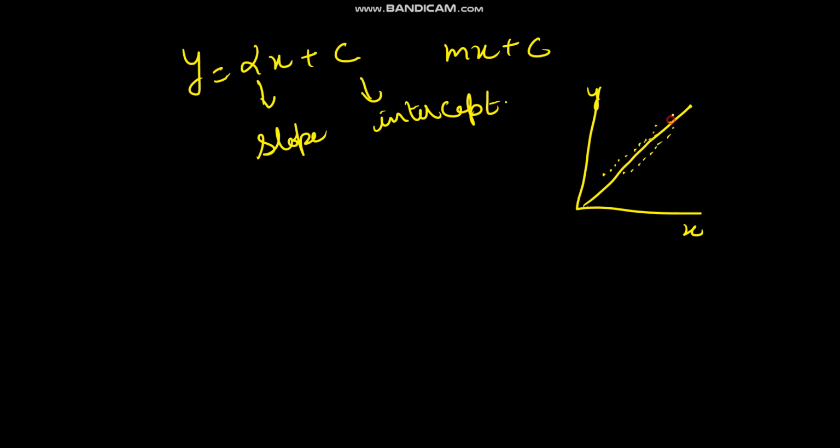It shows how well this line is fitting the data. Now we assume that x is, suppose, the marks of the student. Alpha is a certain weightage, a coefficient, and c is the intercept, just like in any mathematical equation.